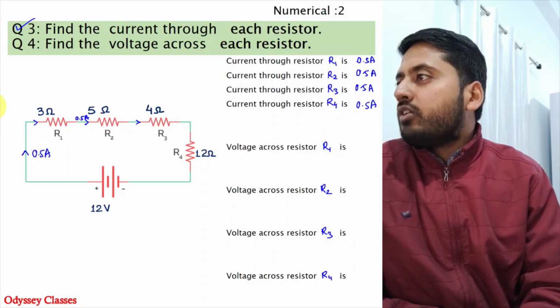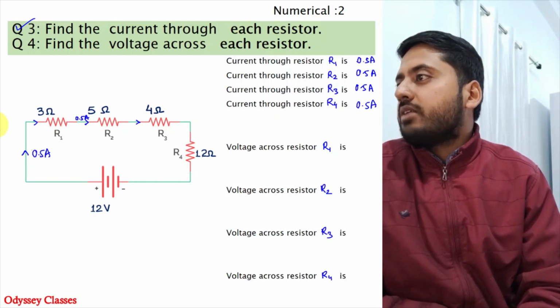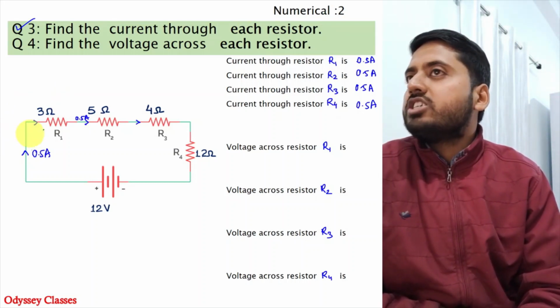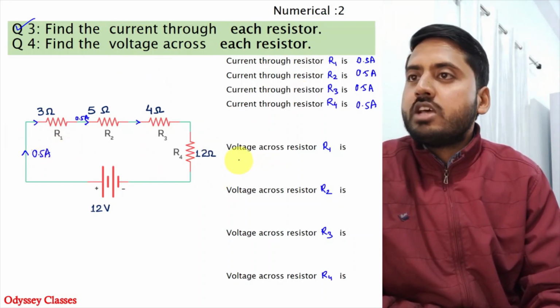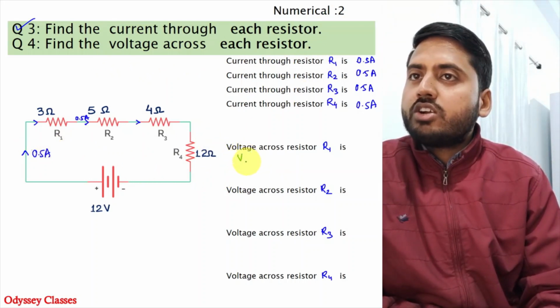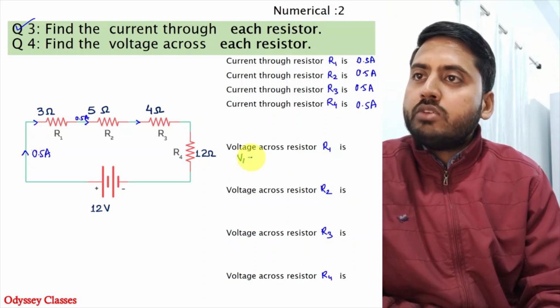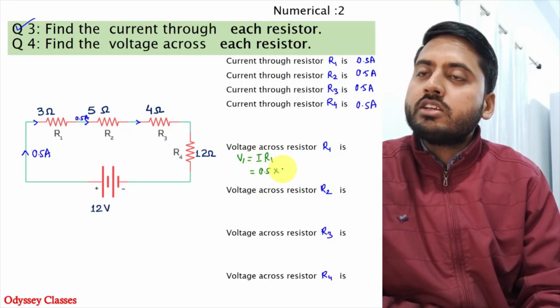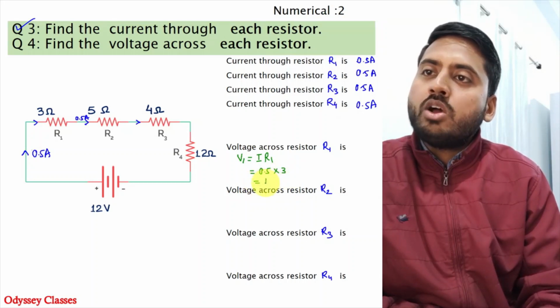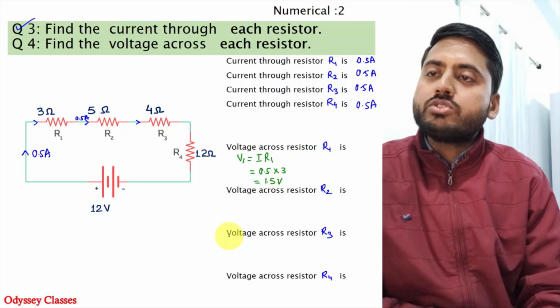Just apply the concept of series circuit, you will have the answer. Now, a little bit of calculation is required for step 4. We have to find the voltage across each resistor. So here we have got 4 resistors. Let us calculate voltage across R1. That will be V1 equals I into R1. So we can put the value 0.5 into R1 is 3. So 0.5 into 3, that is half into 3, will be 1.5 volts.